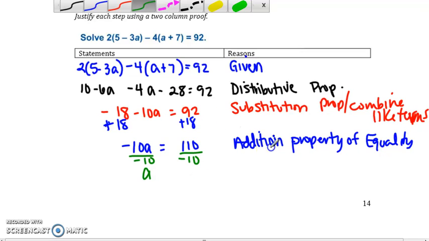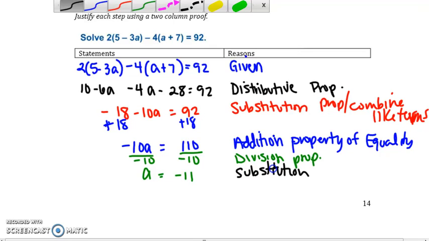Then we simplified, so a is equal to negative 11, and again this would be division property. And then we end up with our last step there, if again we want to explain every step.